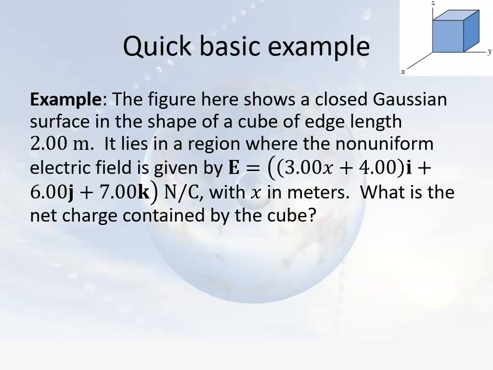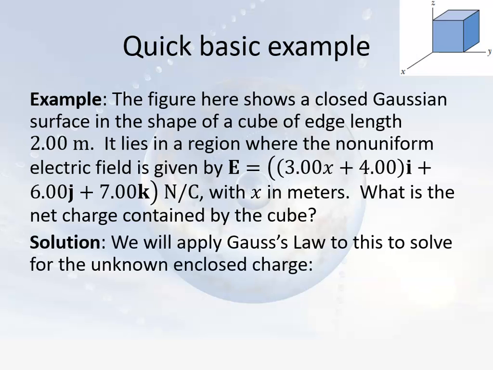So what that means is that if we're going to figure out a net charge, then we're going to need to take into account that depending on our x position, we're going to have different values for the electric field. In other words, this is an example where we're going to need to use some calculus to calculate this flux. And then we'll use Gauss's law to solve for the unknown charge after we have used the calculus.